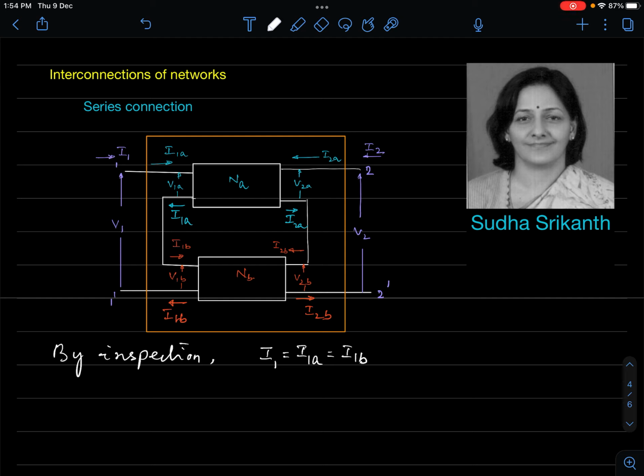So one tends to say that when the current is the same, then the networks are in series. Or in other words, when the networks are in series, the currents would be the same. The current flowing through the two networks would be the same. Different ways of looking at the same thing, right? So similarly, I2 is the same as I2A, which is the same as I2B.